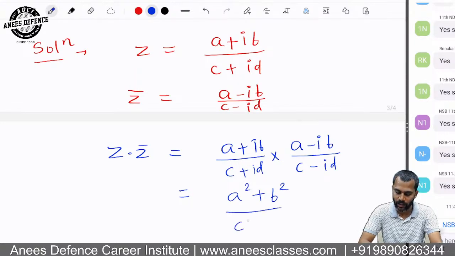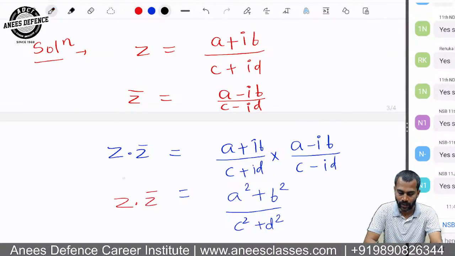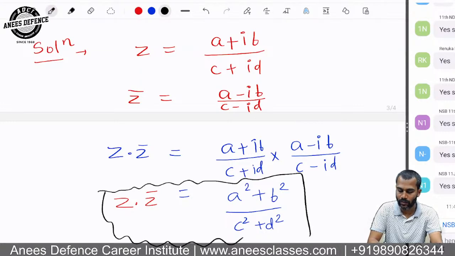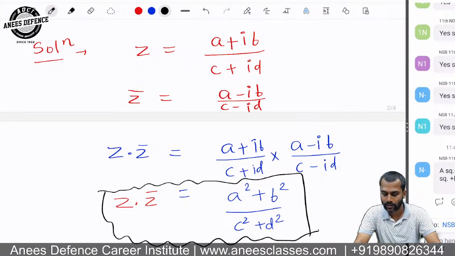Similarly, c square plus d square. So that is the final answer. Z into Z bar is (a square plus b square) over (c square plus d square). I hope it is clear. Very good, Bhumika has got the right answer.